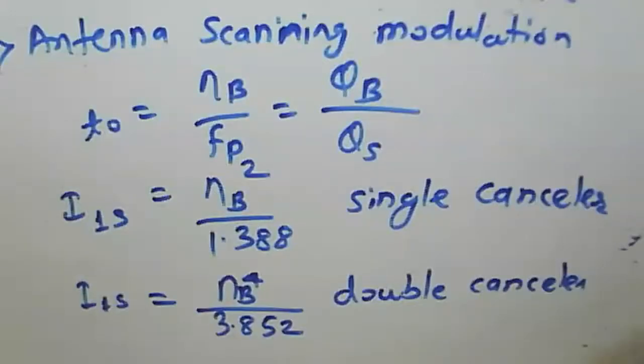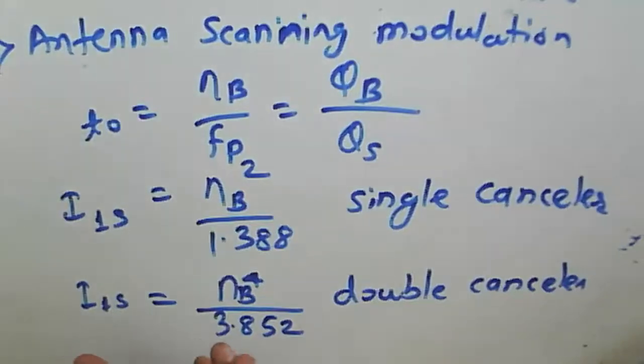So what will be the information we are getting while scanning? That scanning information will limit the finite time, or we can say the spectrum there, and that will affect the performance of the antenna scanning.